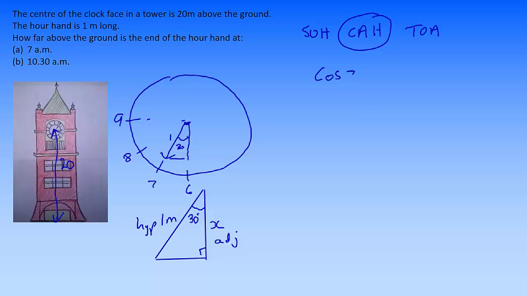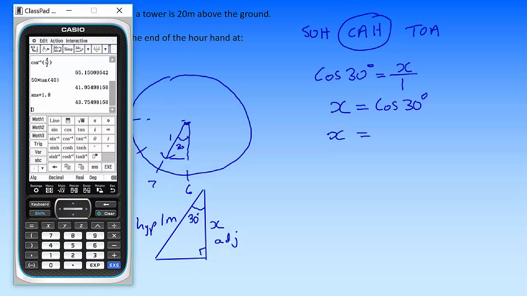So the cosine of the angle, and we know the angle, is equal to the adjacent over the hypotenuse. So that just gives me that x is equal to cos 30. So x is going to be just cos 30, which is 0.866, and so on.